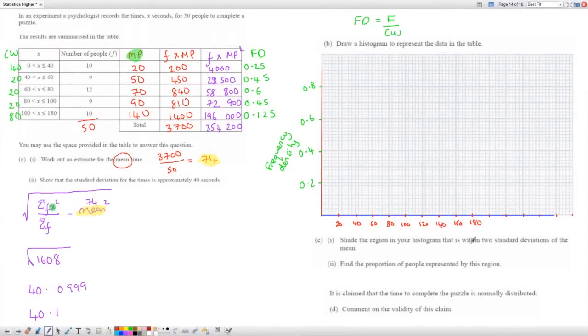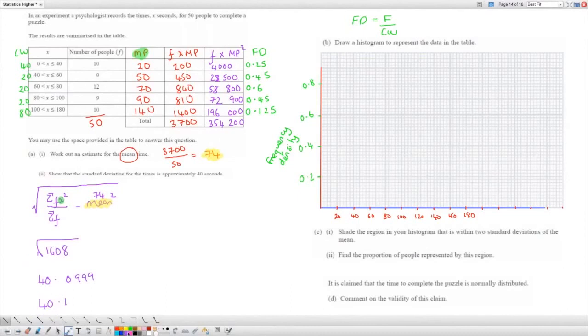Now using this information and what we've already calculated for our frequency density, we can now start drawing our bars. So again, taking your ruler, our first bar is going to be at 0.25. So 0.2 is here, 0.3 is here, halfway across here, and our bar goes from 0 to 40.